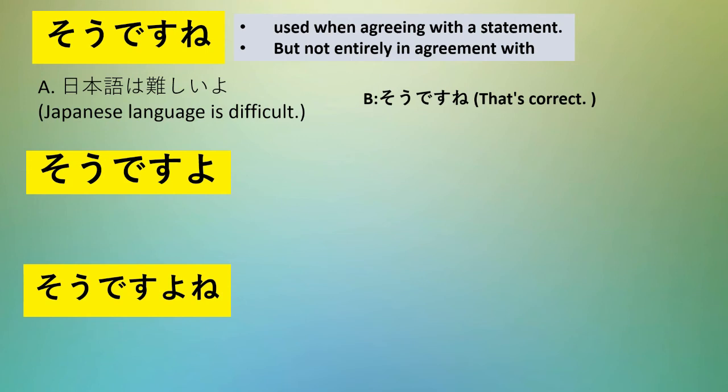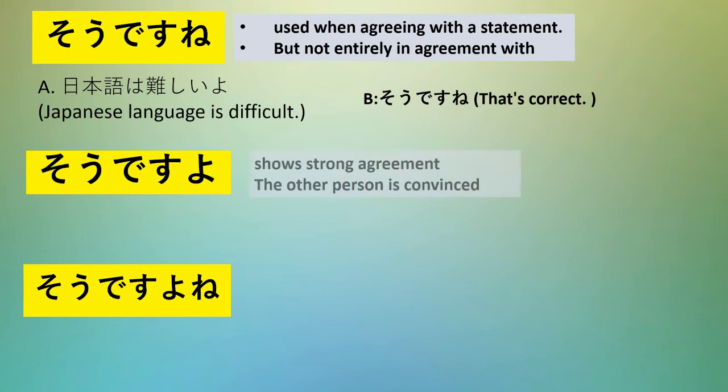So desu ne. That's correct. But maybe not entirely, because that person may know many things about Japanese. Oh yes, yeah. But he has some reservations because maybe he knows more about the Japanese language. So he uses so desu ne.